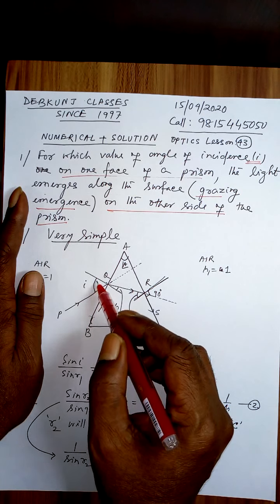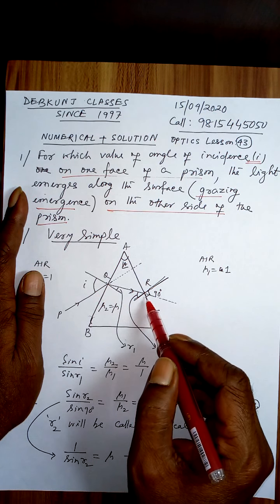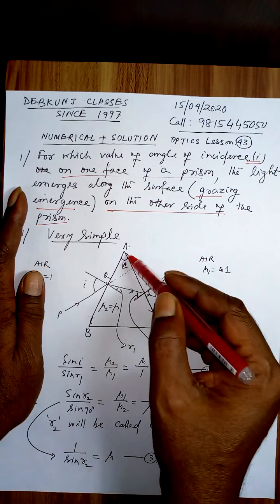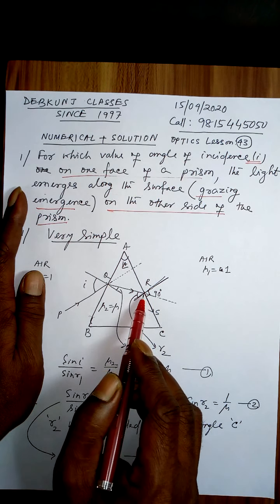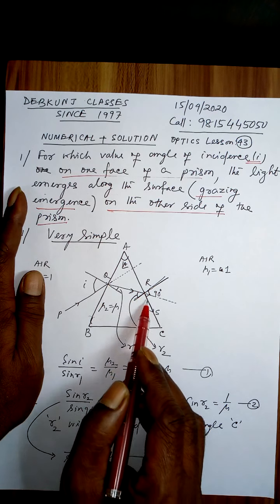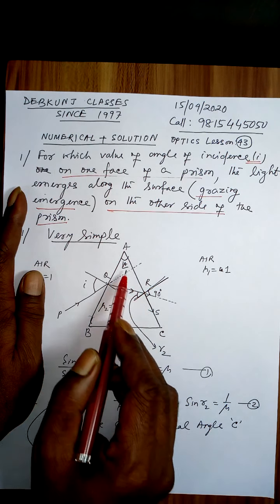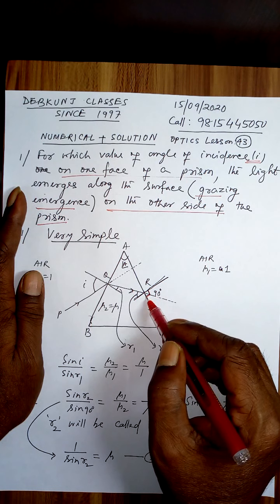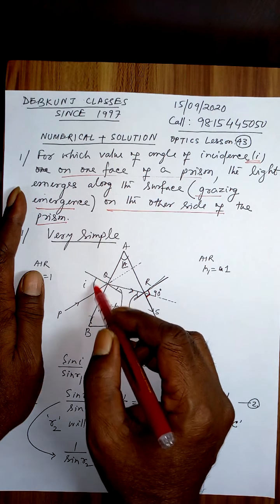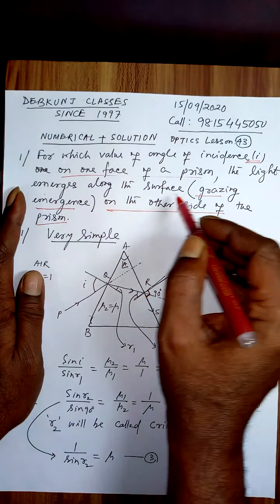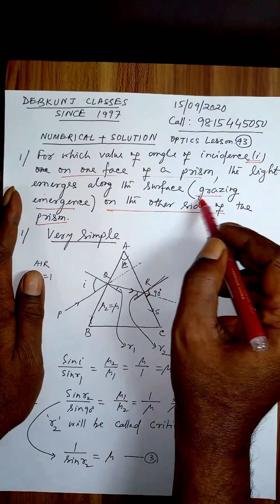For which value of I is the ray on the side AC going along the surface? The refracted ray RS is going along the surface AC, meaning it makes 90 degrees. To make this 90 degrees, what is the value of I? If this is going along the surface, then it is called a grazing emergence.